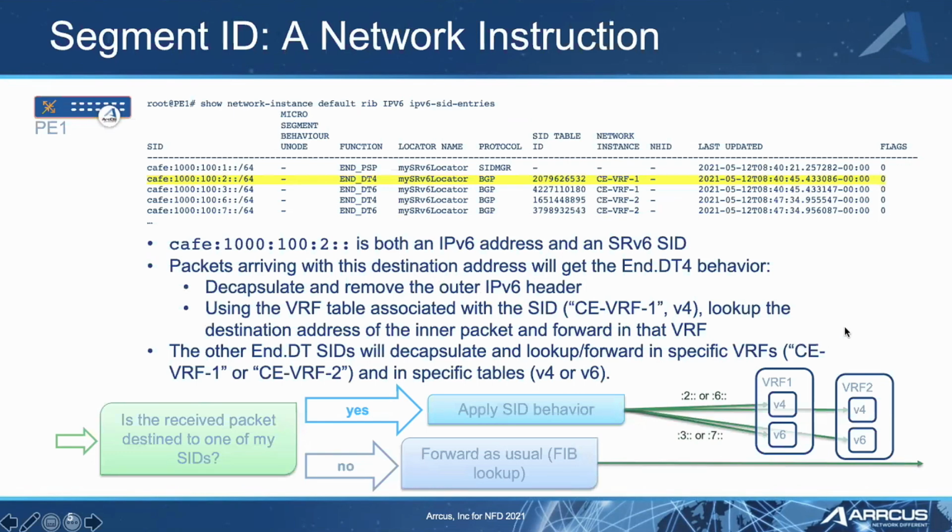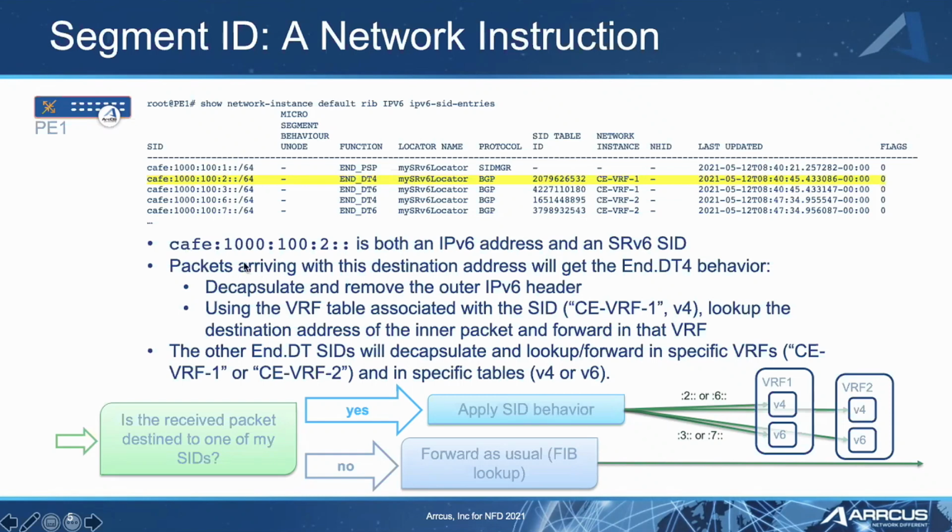So one more slide before I go into the demo. I mentioned that a segment ID is a sort of network instruction, and you can think of it in that way, in that a packet that's sent to a SID that has a function associated with it determines what behavior is applied. It's not a tunnel per se, but it's an egress behavior that is dictated by the segment ID on the packet.